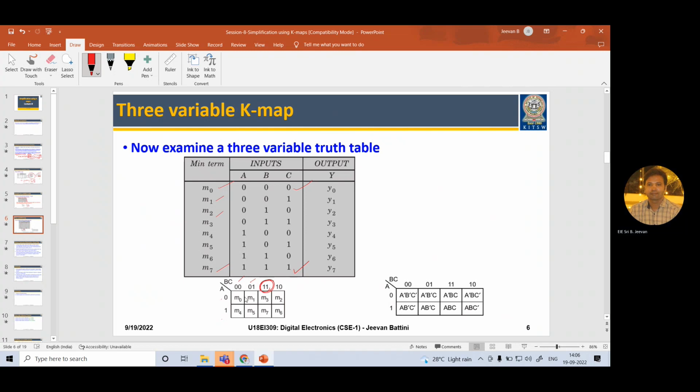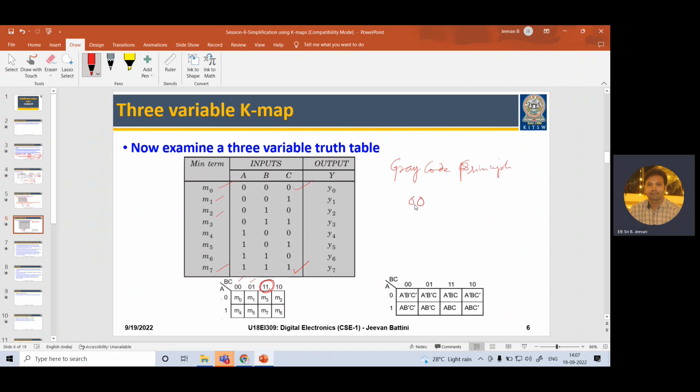Why have we taken 1 1 before 1 0? According to the sequence, you would get 0 1, then 1 0, then 1 1. But we take 1 1 here because the K-map uses the Gray code principle. What is Gray code?